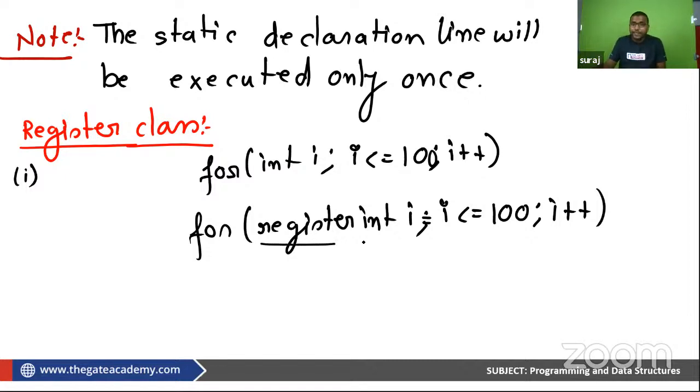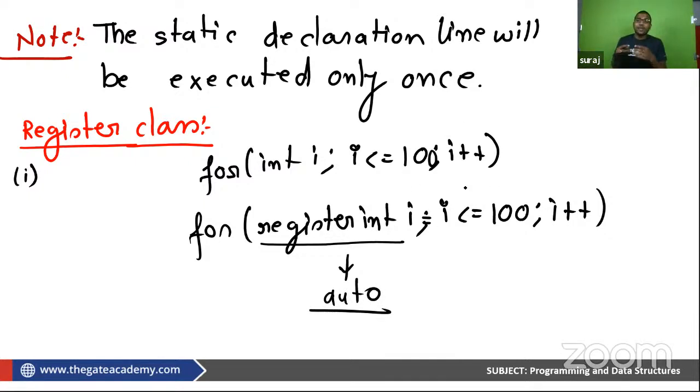If you are writing int i as register, it is up to the compiler whether to use this i as a register class if it has the space. Otherwise it will discard register and use it as auto class.